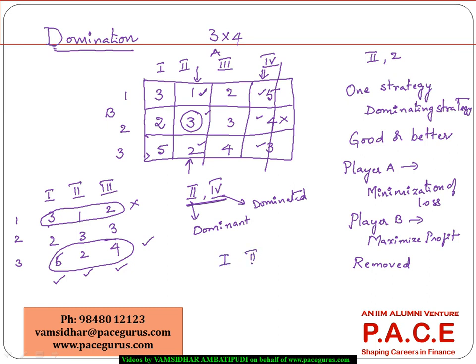Now, this entire game reduces to 3 strategies for A, but there are only 2 strategies for B, becoming 2, 3, 3, 5, 2, 4.